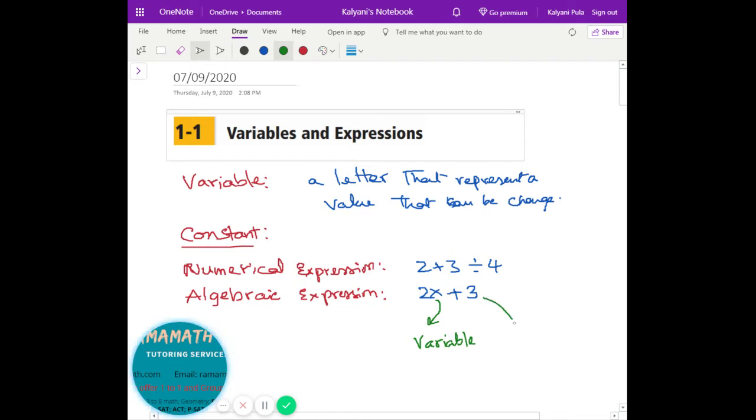And what is this 3 called? Constant. Okay? And this 2 is called the coefficient. We can learn this one later, but again, the 2 is called the coefficient.